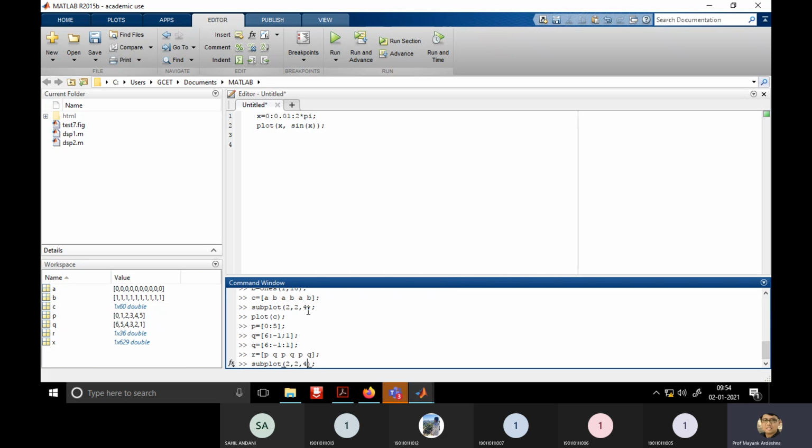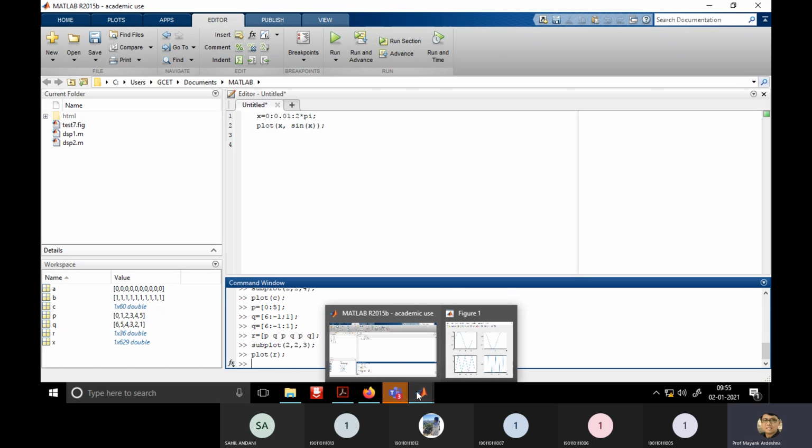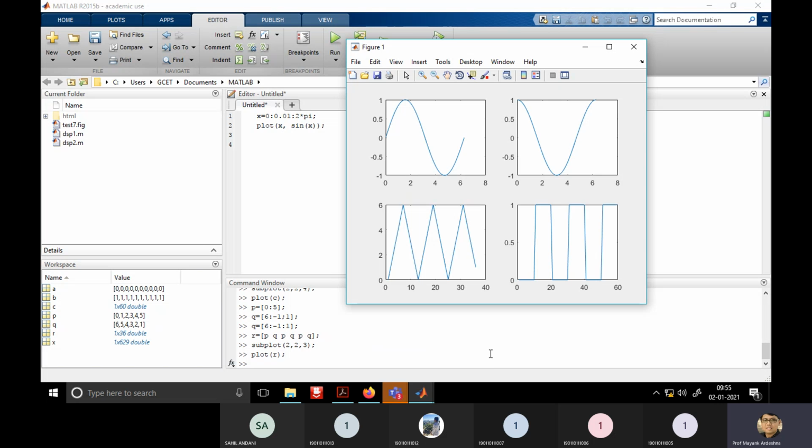So I'm using subplot 2 to 3 instead of this 4, and if I plot it, so you get the triangle waveform on your screen.